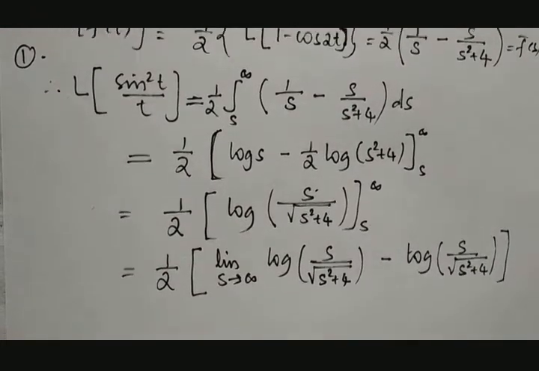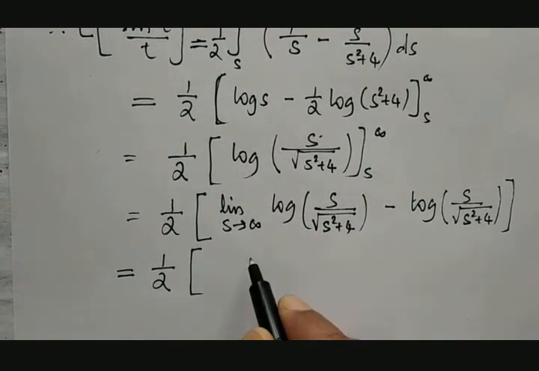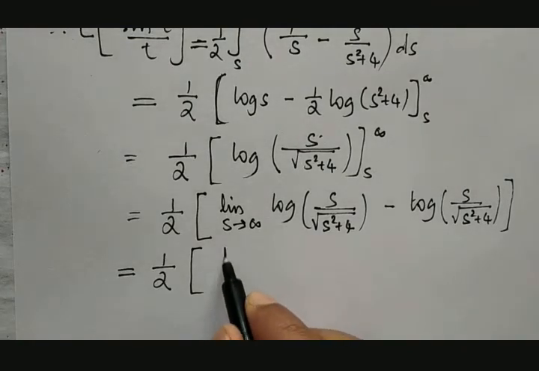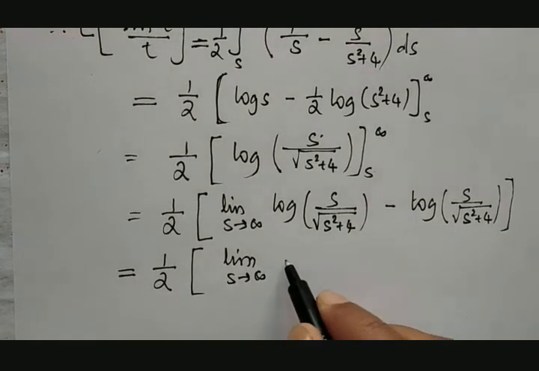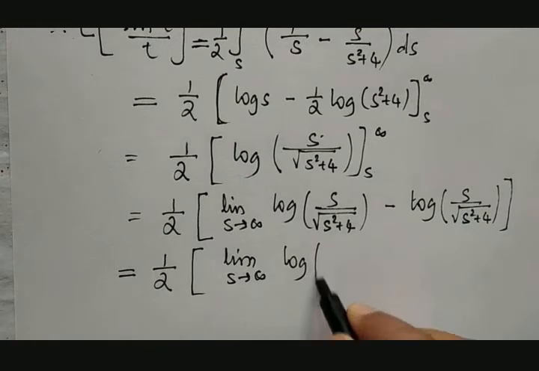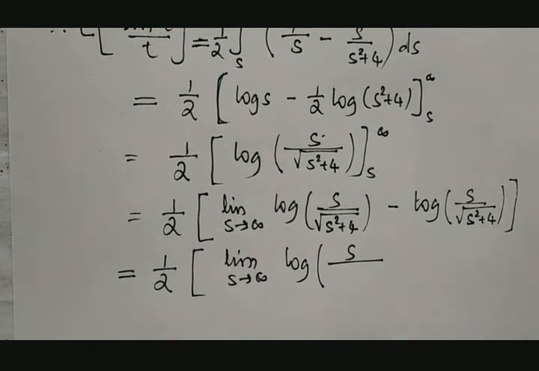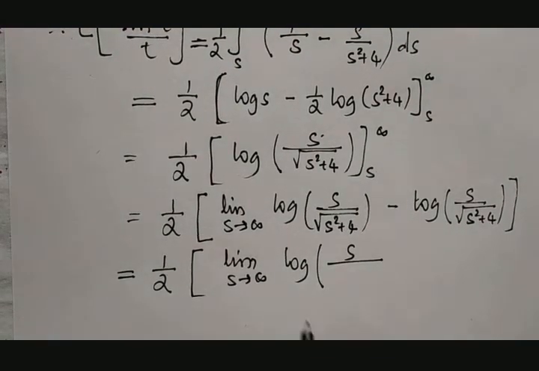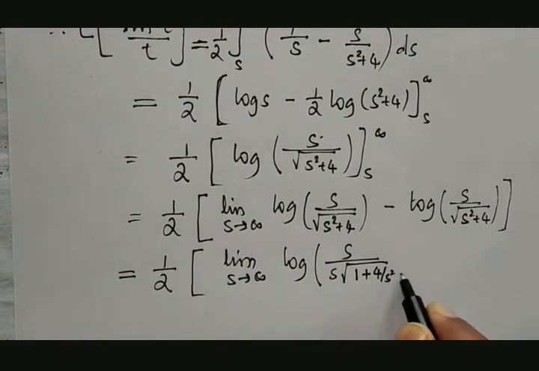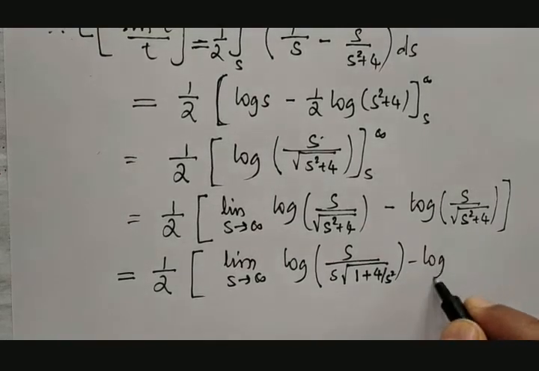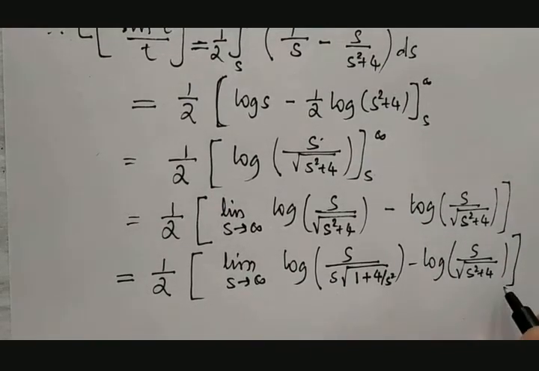So this is equal to 1 divided by 2 into the limit as s tends to infinity of logarithm of s divided by, if I take s square common from here, when s square comes out of a square root, it will be s into square root of 1 plus 4 divided by s square, minus logarithm of s divided by root s square plus 4.